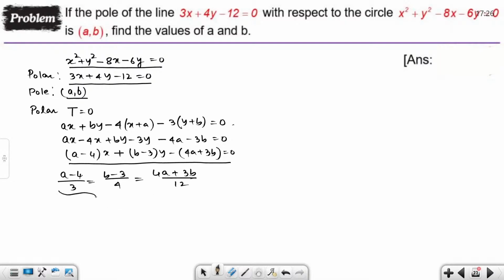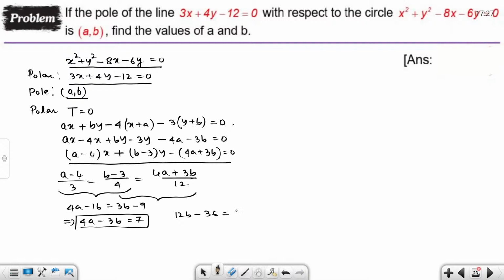So taking this, we get the first equation, and let me take this to find another equation. So this is coming to 9 over 4. Am I right? a is coming to 9 over 4.